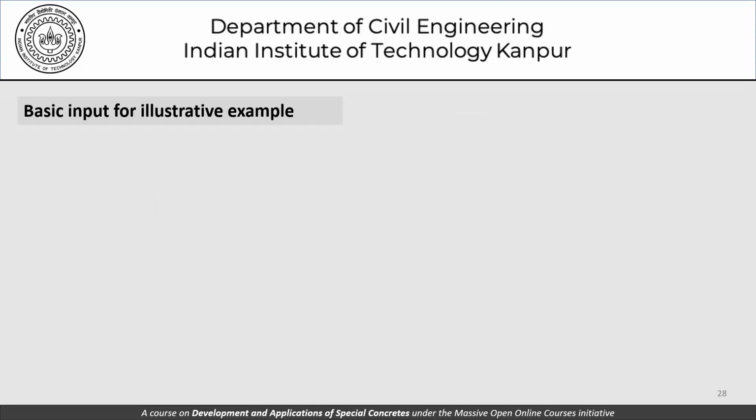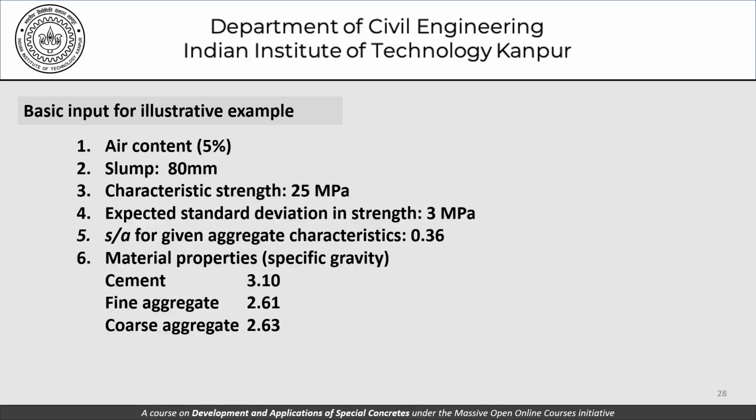The basic input for the illustrative example: air content 5%, slump 80 mm, characteristic strength 25 MPa, expected standard deviation strength 3 MPa, S by A for the given characteristics of the aggregates 0.36, and material properties in terms of their specific gravities is known to be 3.1, 2.61 and 2.63 for the cement, fine aggregate and the coarse aggregate.